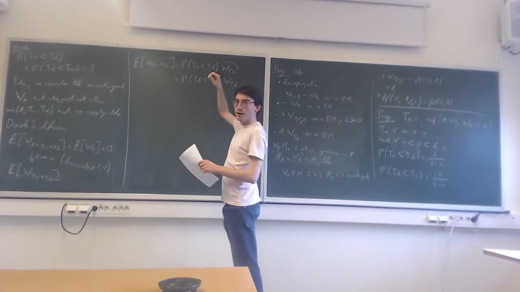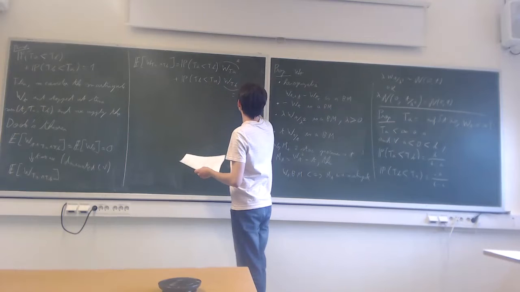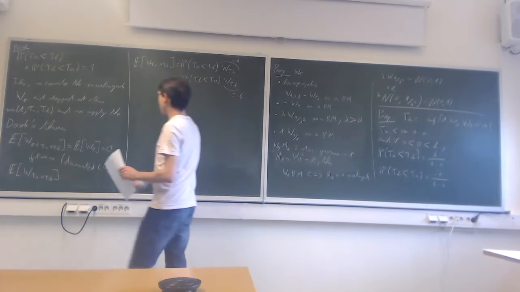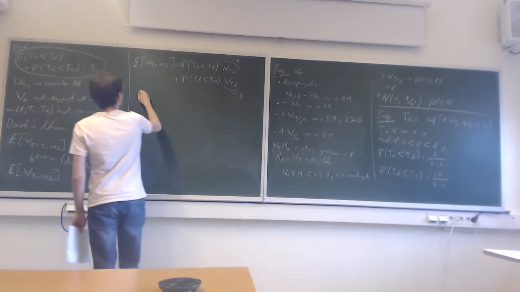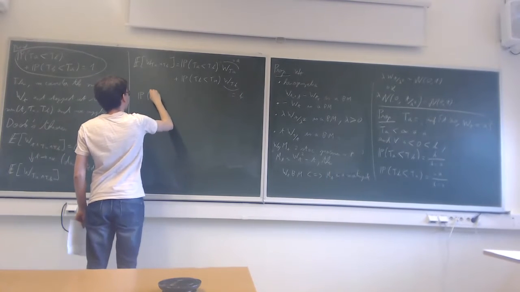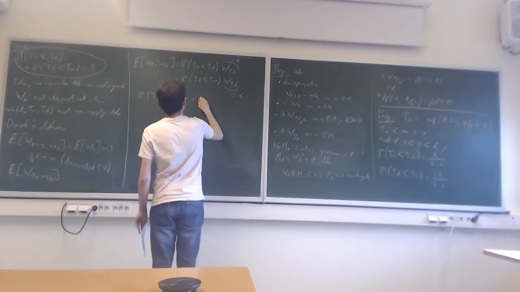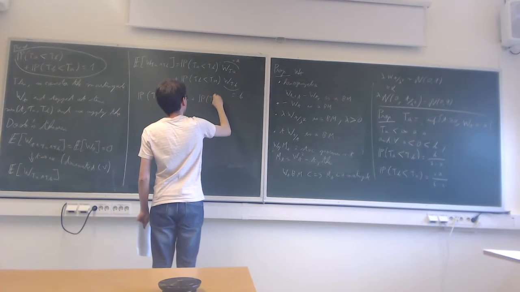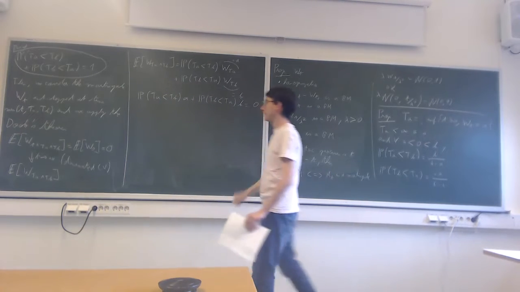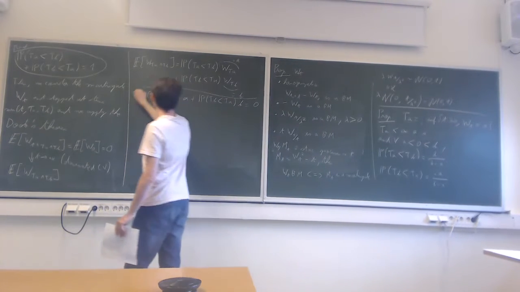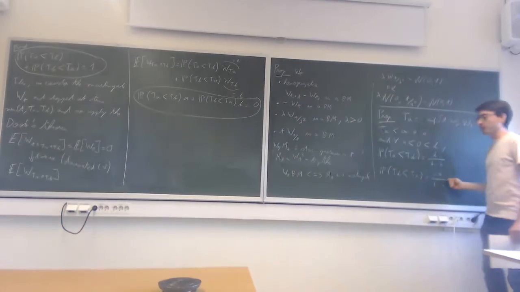This is just A, and this is just B. So I have two relations: this one, and the probability of TA less than TB multiplied by A, plus the probability of TB less than TA multiplied by B, is equal to 0. That's my second relation. And when I put both of them together, I exactly get that.